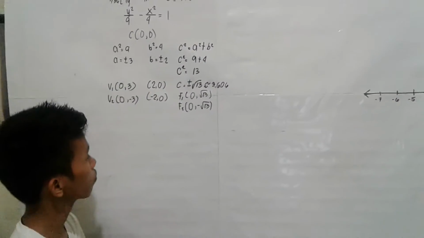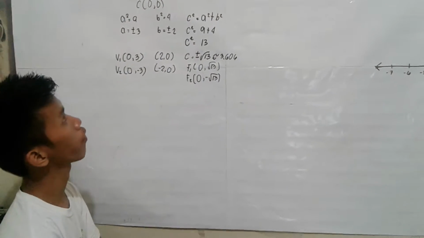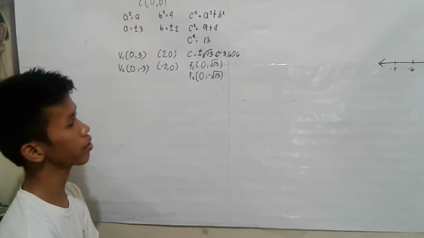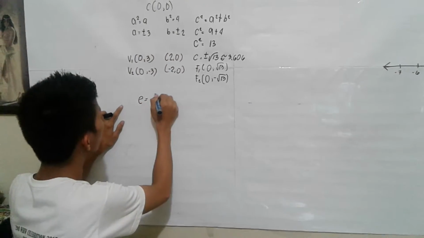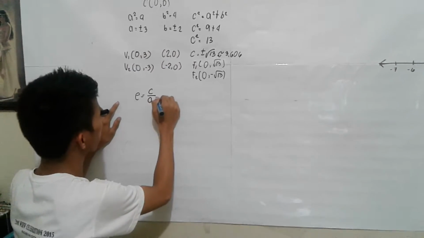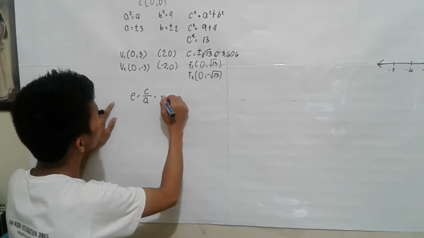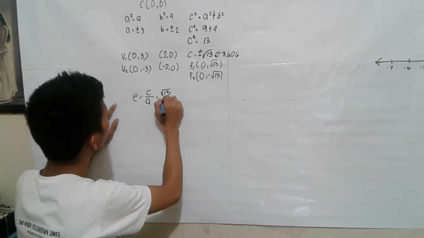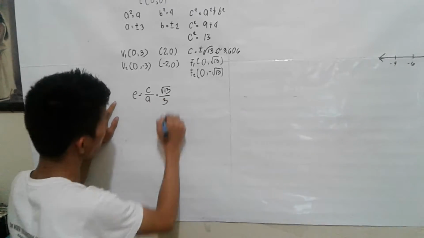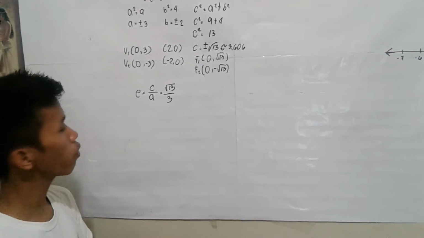Then let's find the value of our eccentricity. We use the formula e is equal to c over a. Do the substitution. So e is square root of 13 over 3. So now we have found our eccentricity.